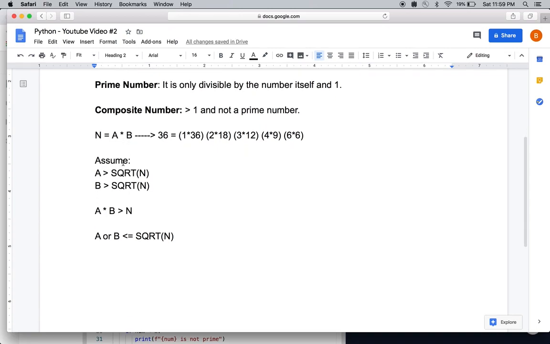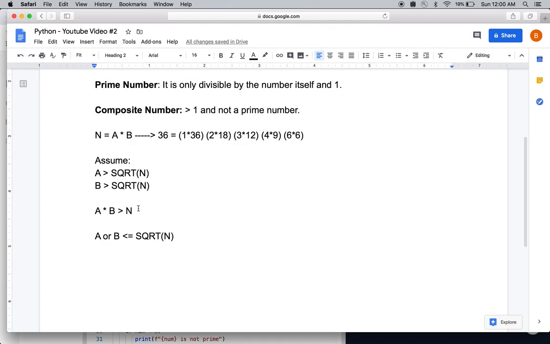So we can take this composite number and write it in this form, right? And if we assume that a is greater than the square root of n, and we also assume that b is also greater than the square root of n, then when we multiply a and b together, the result will be greater than n itself.